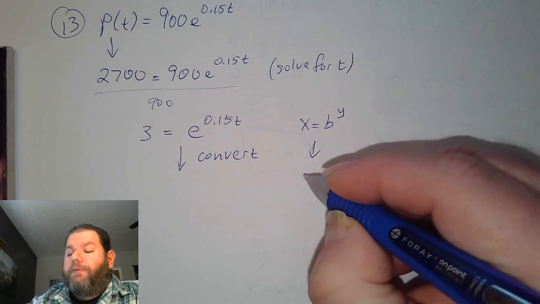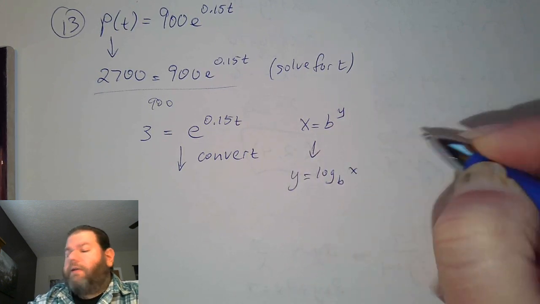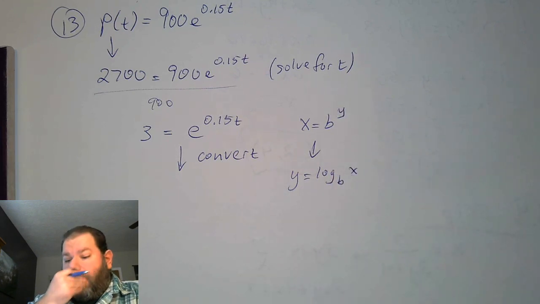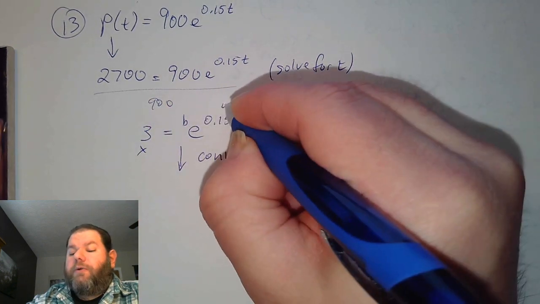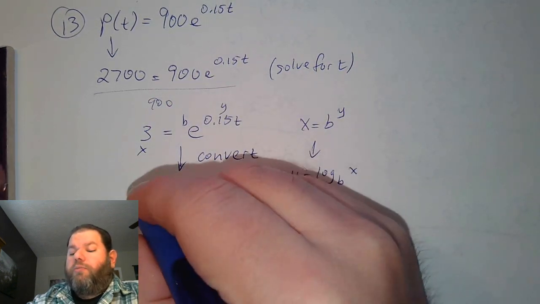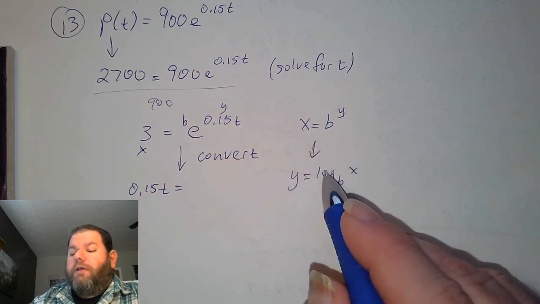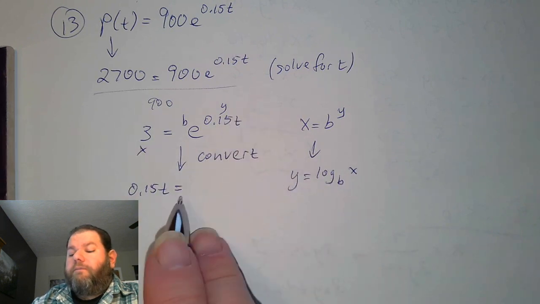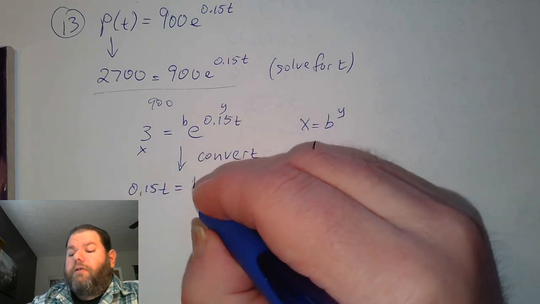That becomes y equals log base b of x. That's our conversion formula right there. And so here's x, here's b, here's y. So we'll say 0.15t is equal to log base e of 3.